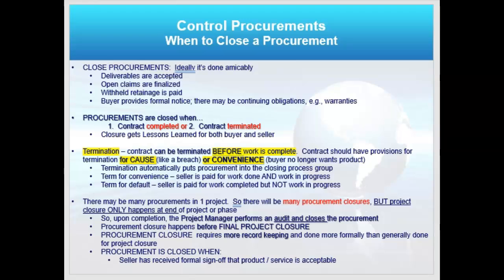It's not the government's money. And so you as the government procurement officer are making an offer on my behalf. And so the courts will allow for convenience. But from a commercial contract, you'd want to write that in there. And termination automatically puts the procurement into the closing process group, right? And you still do an orderly closing when you do that, okay?